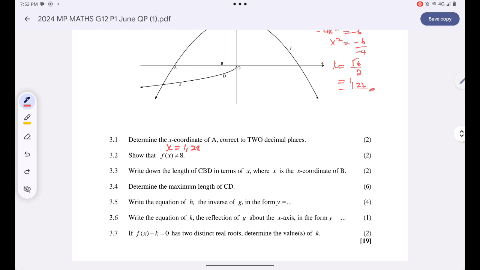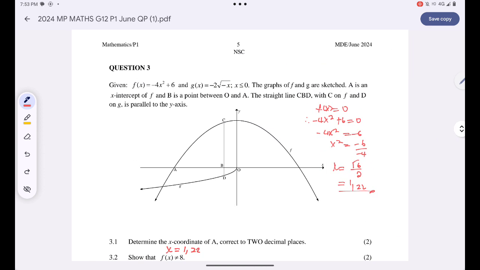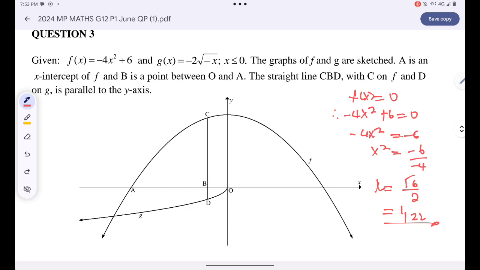Now I'm supposed to show that f of x cannot be equal to 8. By just looking at this graph, guys, I can see that my maximum point is over here, and the maximum point is 6. So the largest y value we have for f of x is 6. So that means f of x cannot be equal to 8.